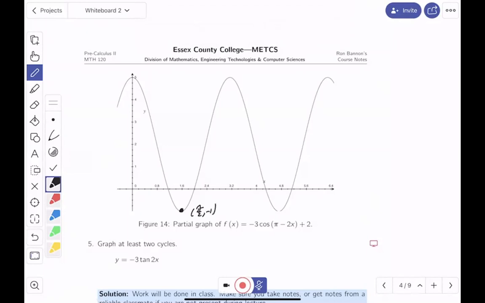All right, what's the next point I got? You know what, pi over 2, yeah, that's not bad. Pi over 2, minus 1, I did that. Pi over 2 is about 1.5. And the next point I got was pi over 4, 2. Well, that's right here. Again, don't be intimidated by this.